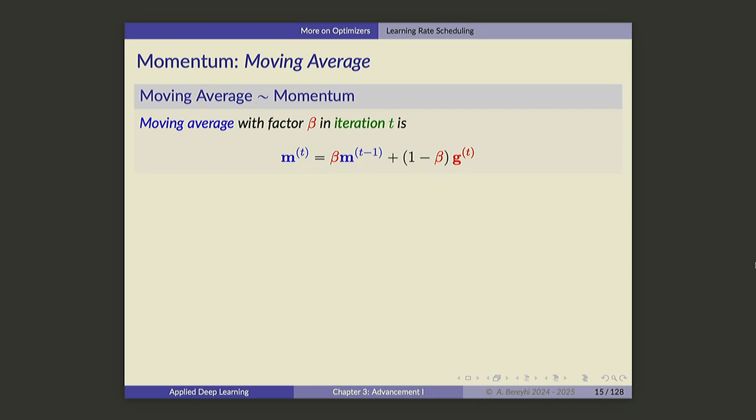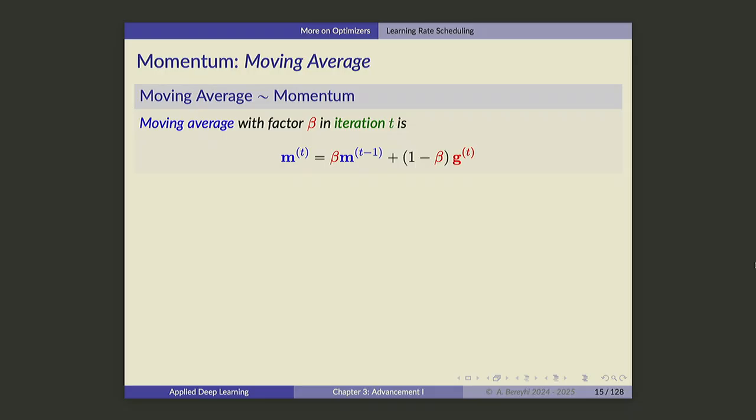Beta M1 plus 1 minus beta G2, right? Now, what is M1? M1 is 1 minus beta G1, right?